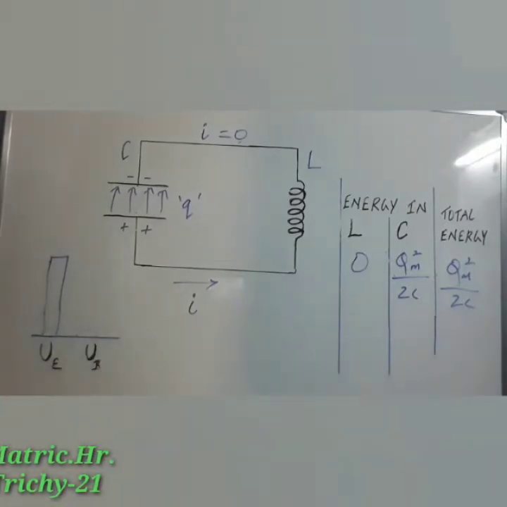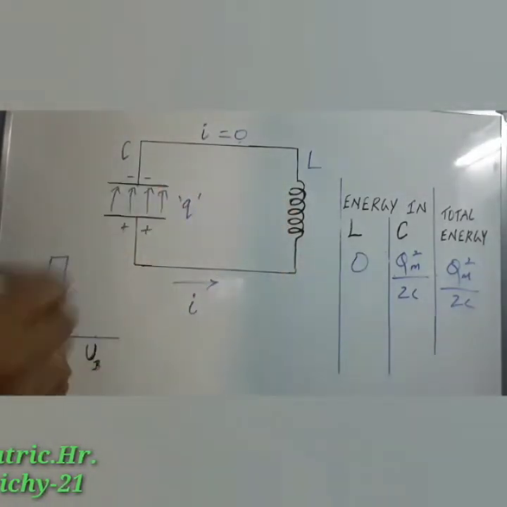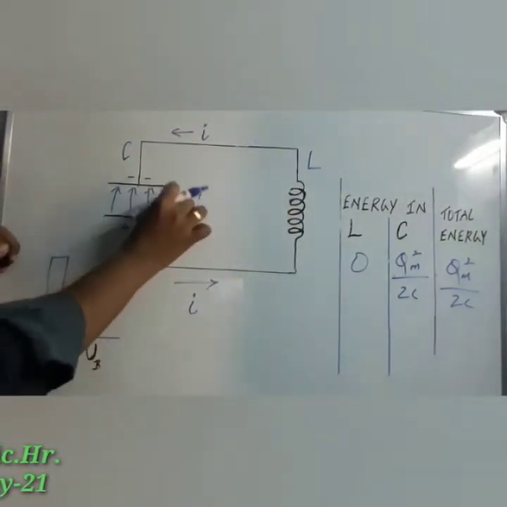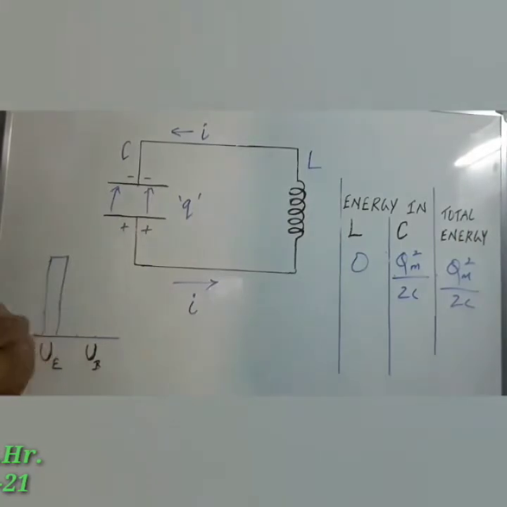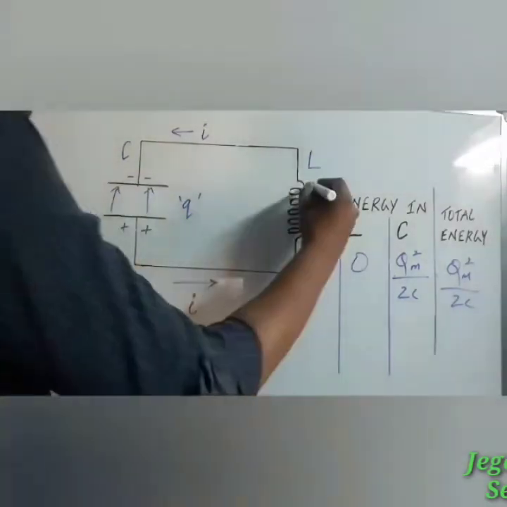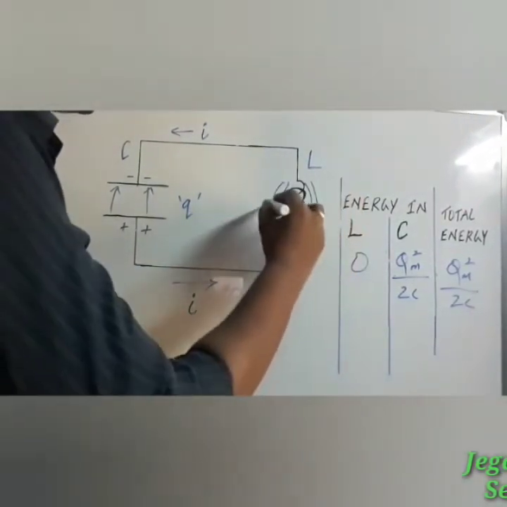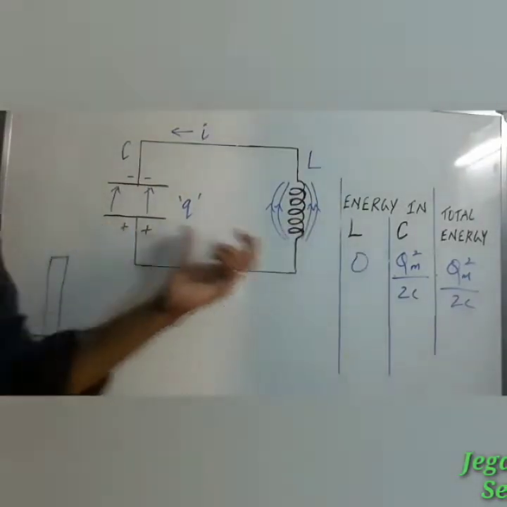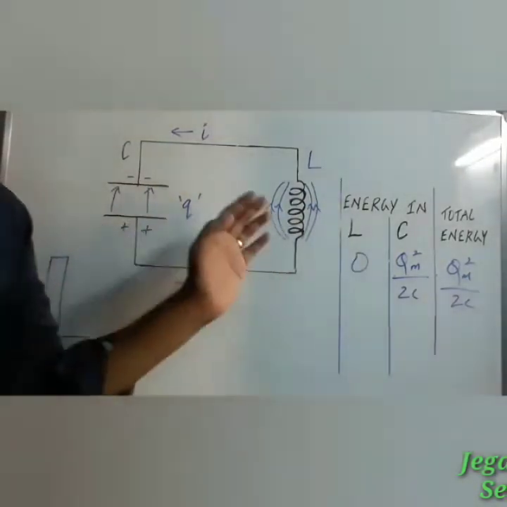That will produce a current in an anti-clockwise direction. Now the amount of charge in the capacitor is q. So current is going to pass through the inductor, that will produce a magnetic field in the opposite direction. It's clear both the components have the energies now.